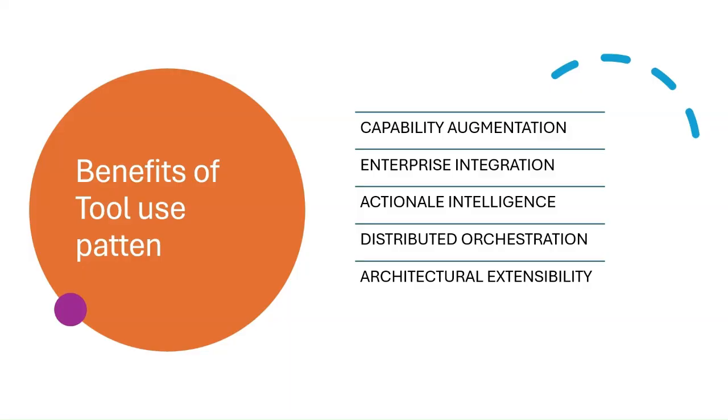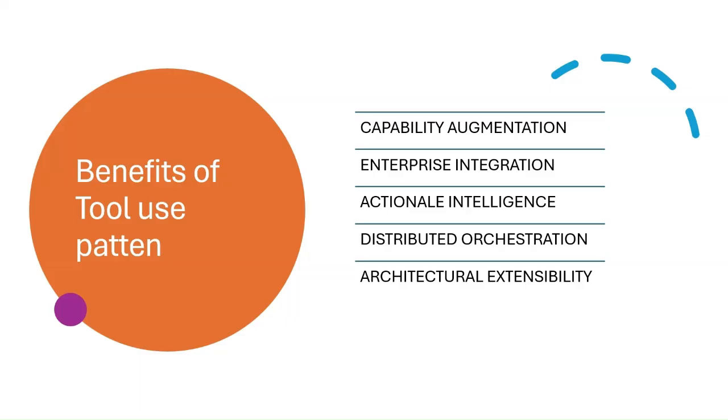Second is enterprise integration. For AI agents to deliver business value, they must interact with enterprise systems. The tool use pattern enables seamless connectivity with APIs, databases, SaaS platforms, and internal applications. This allows agents to access organizational data and participate directly in the business process rather than operating in isolation.